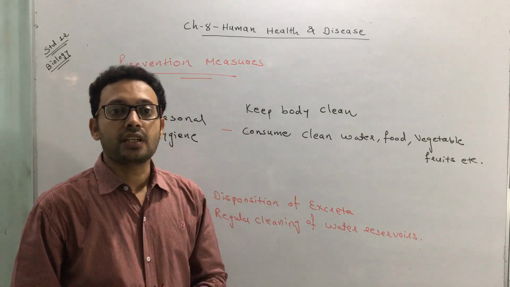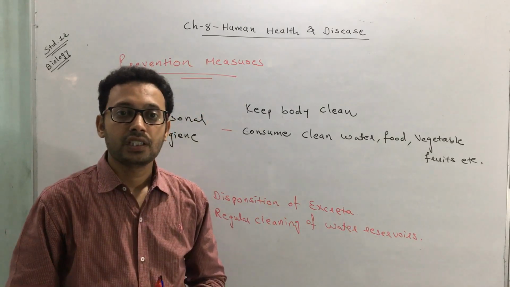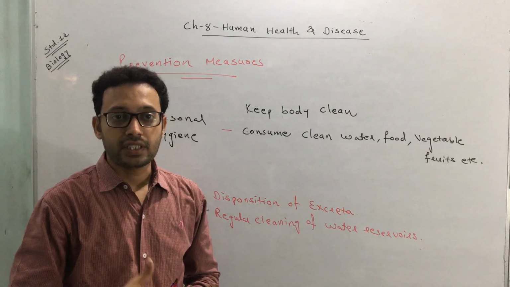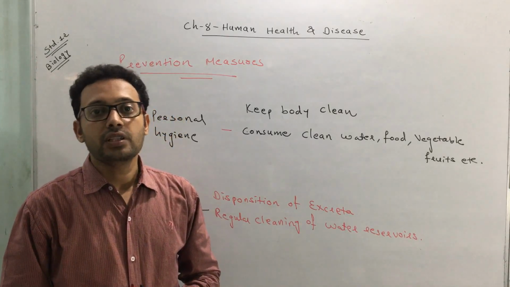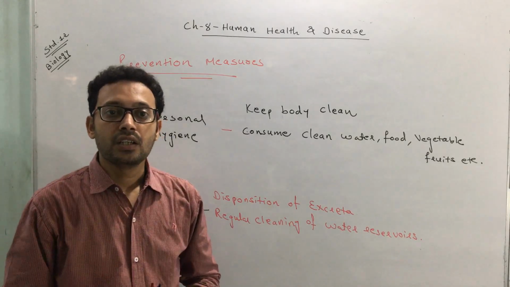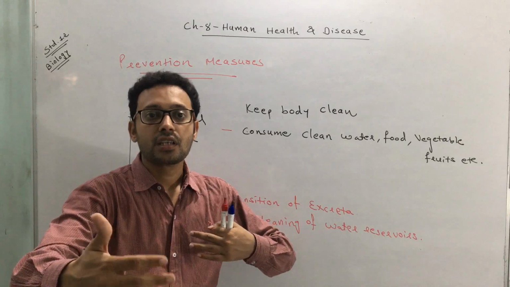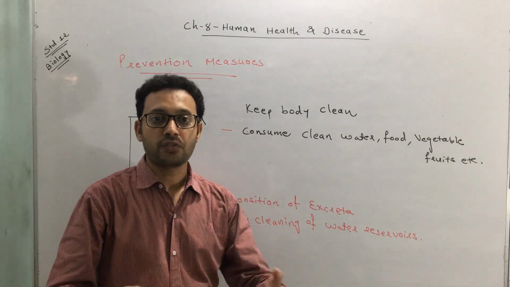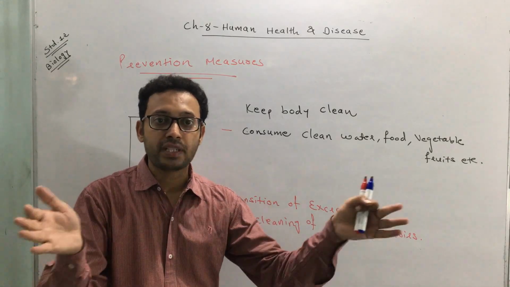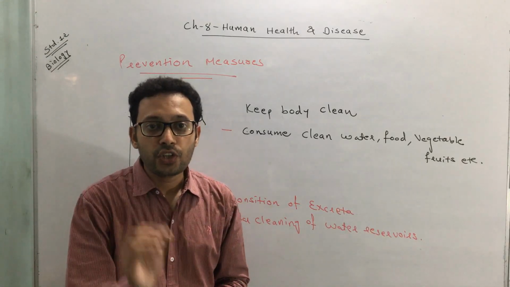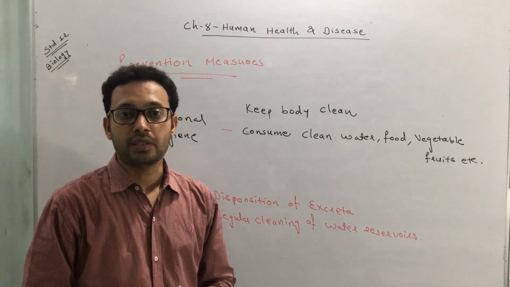Now the diseases transmitted through air, for example pneumonia, the common cold, or in the current situation corona, are airborne diseases. How would you prevent this? Keep your distance from the infected person, what we call social distancing. Do not use things used by an infected person.